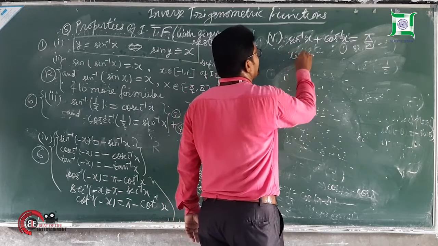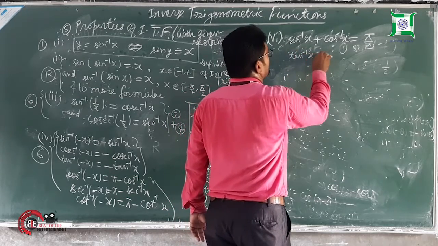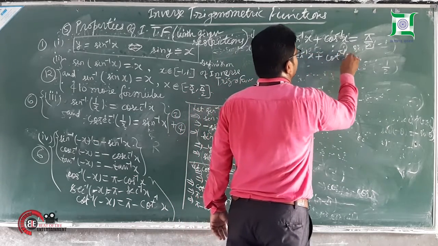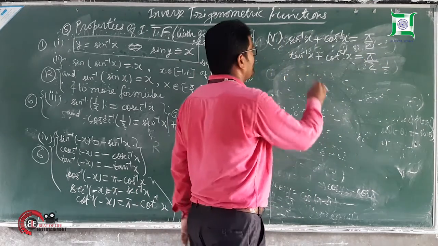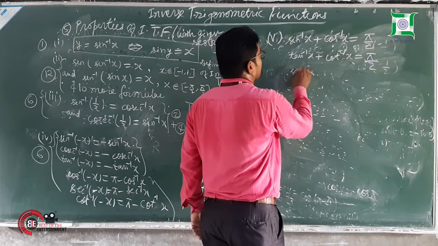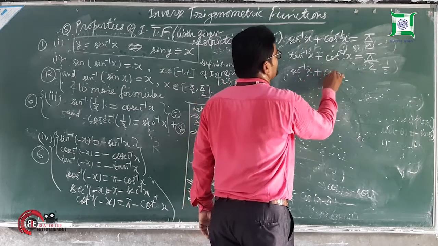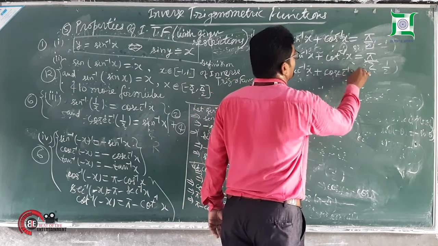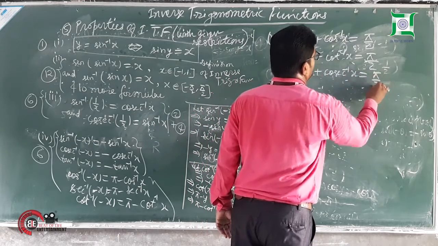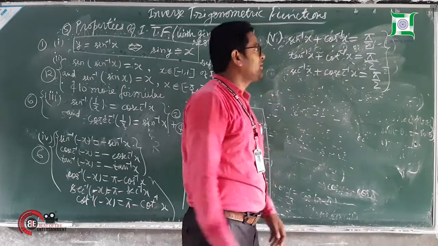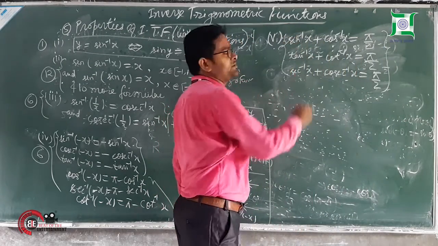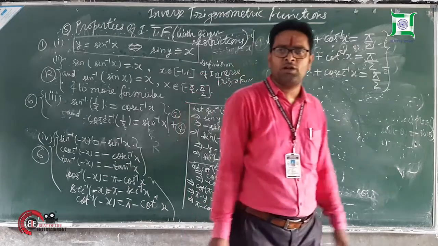Second, tan inverse x plus cot inverse x is equal to pi by 2. Again they are complements of each other. Sec inverse x plus cosec inverse x, again they are complements of each other. If you remember which function is the complement of which, then you can easily remember the formula.